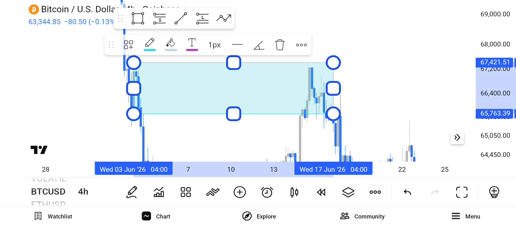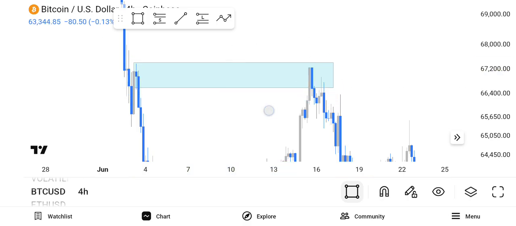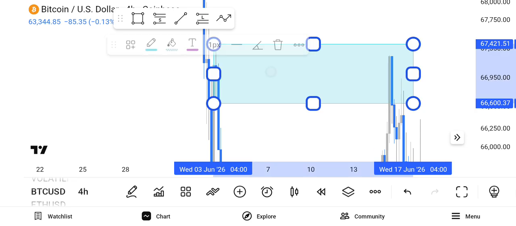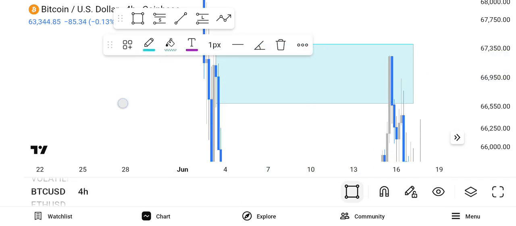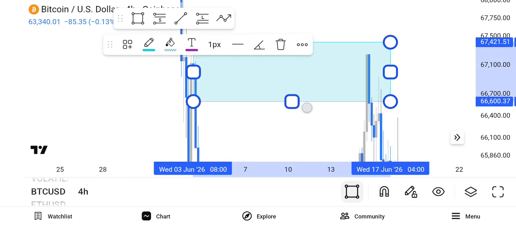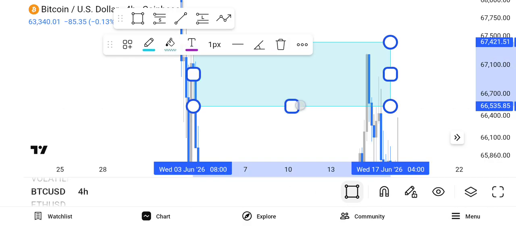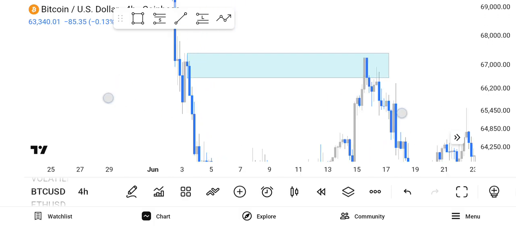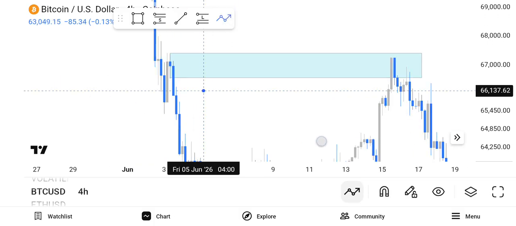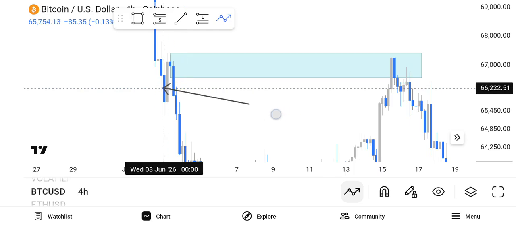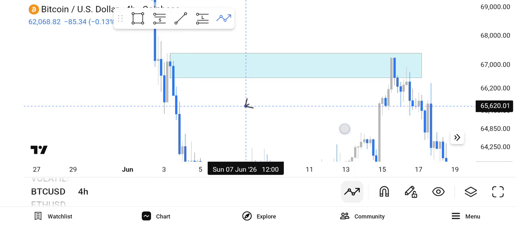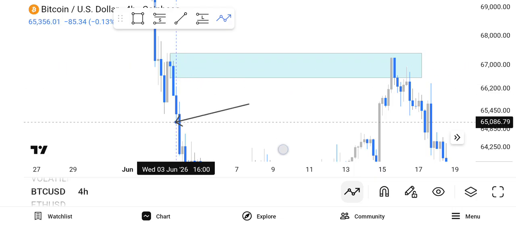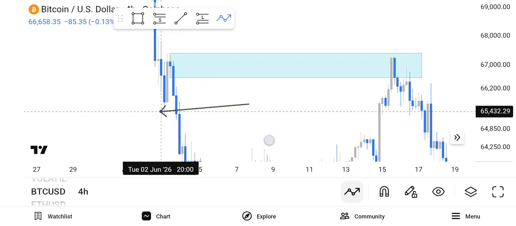If you refine your supply zone to the last candle before the move, because institutional traders don't use the chart, they don't see where the last opposite candle was printed, they will rather sell from where the market made the impulsive move to the downside, breaking structure right over here.